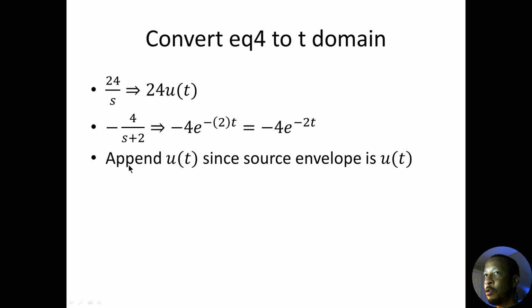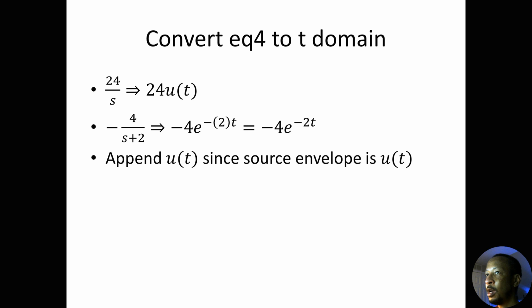So make sure that you append U of T, since the source envelope is U of T. In this particular circuit, there's only one source, so it's going to dominate when everything starts.